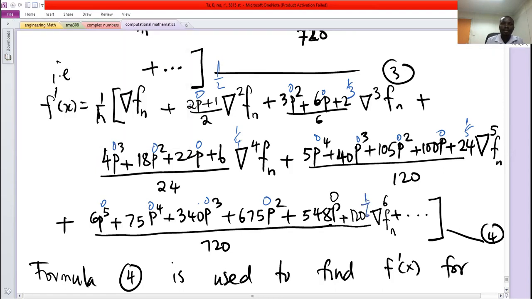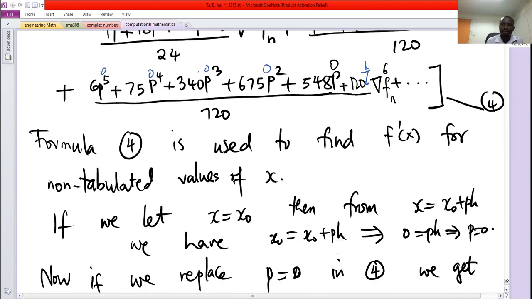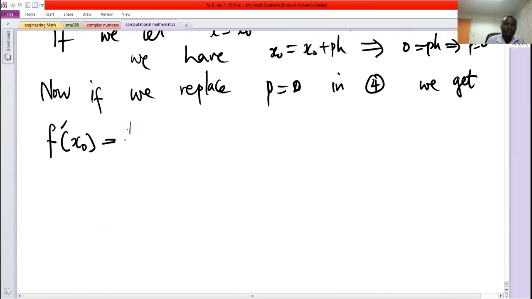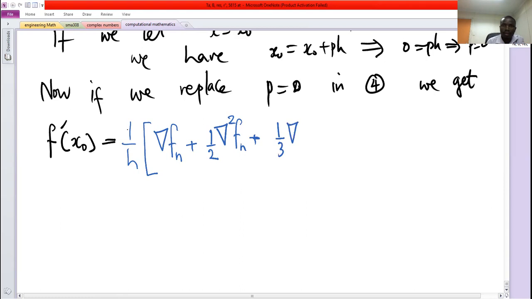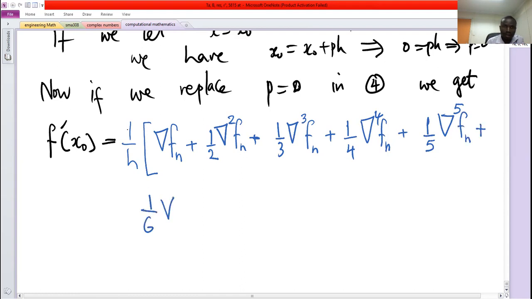So you can even predict the next term. So we'll have f prime of x0 equals (1/h) into backward fn plus a half second backward of fn plus 1/3 third backward of fn plus 1/4 fourth backward of fn plus 1/5 fifth backward of fn plus 1/6 sixth backward, plus 1/7.